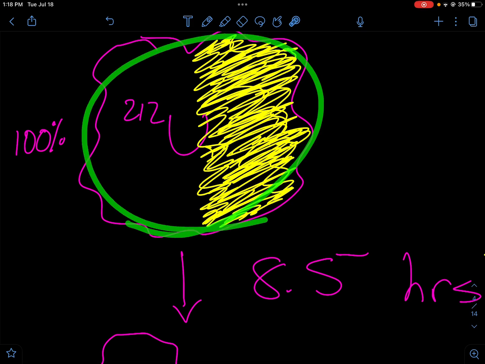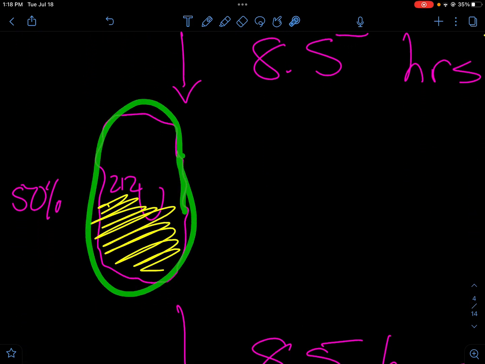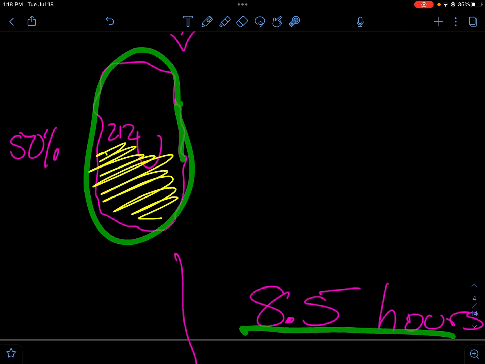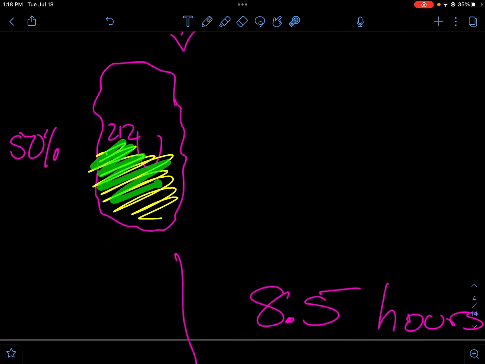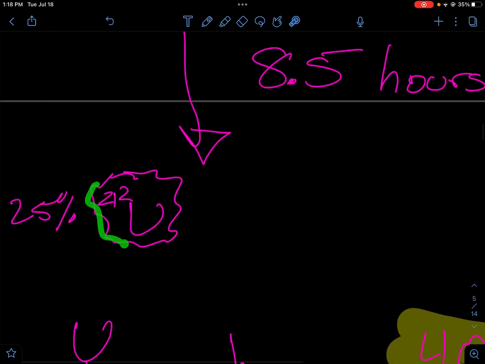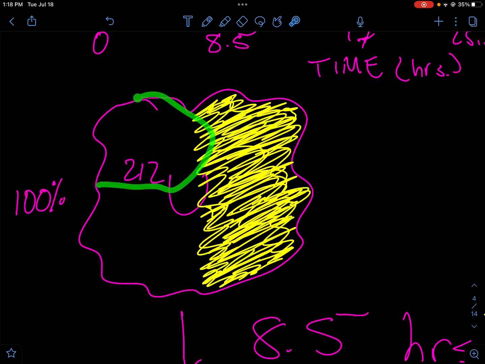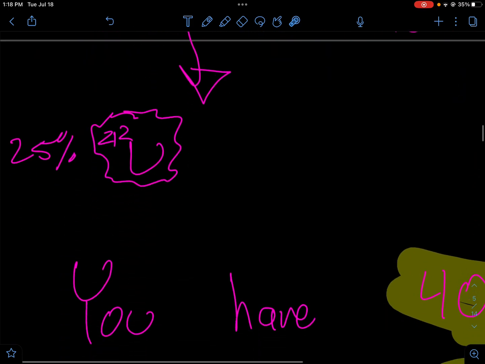Then if you're left with 50%, you wait another 8.5 hours, and half of this decays, and you're left with 25% of the original 100%, down here in this corner.